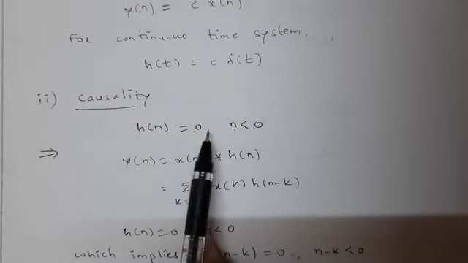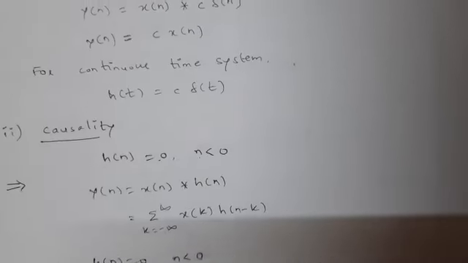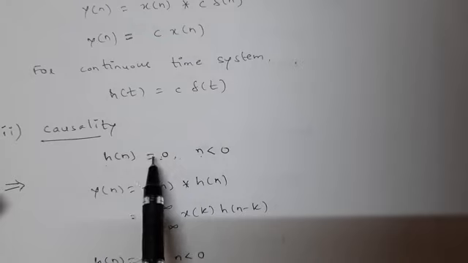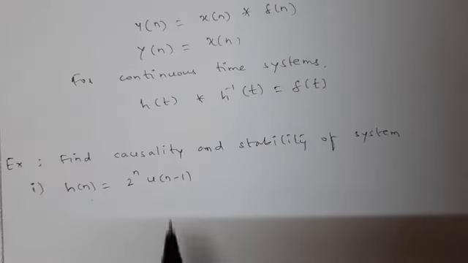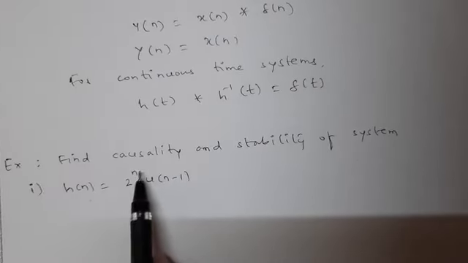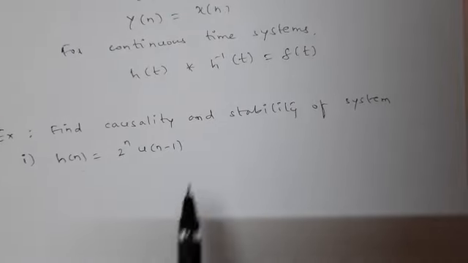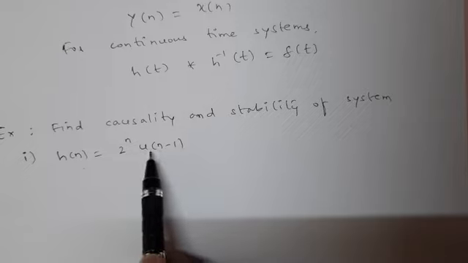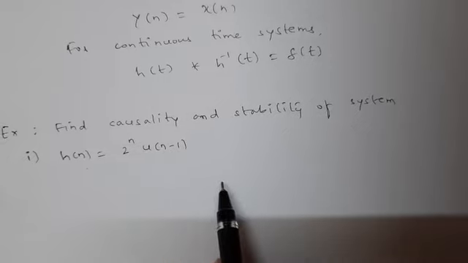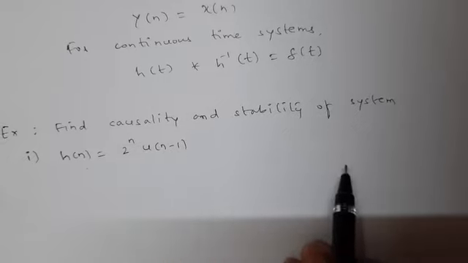Then and only then can you tell that the system is causal. Now check whether h of n is 0 for n less than 0. What is given? H of n is 2 to the power n u of n minus 1. From where to where does the system exist? U of n minus 1 exists from 1 to plus infinity.